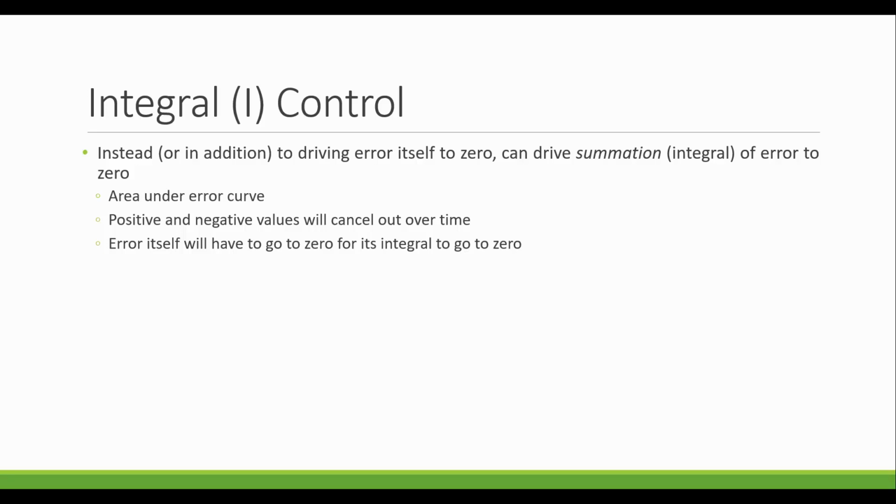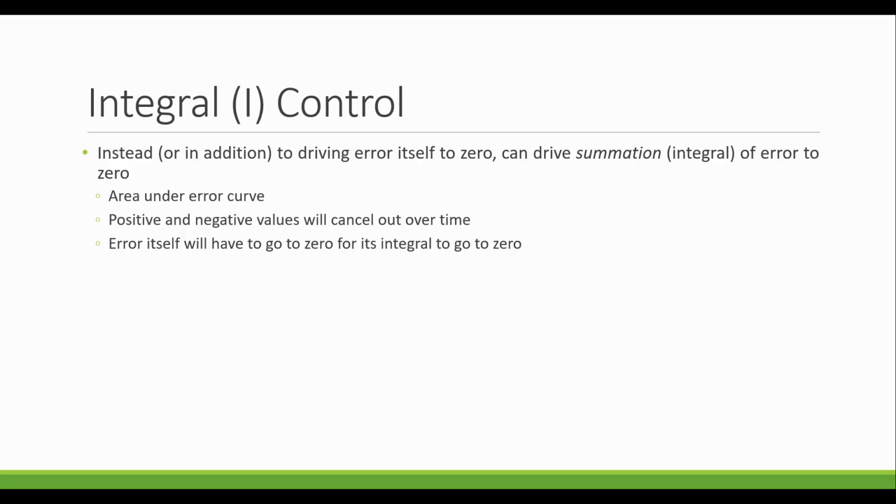So really what we're doing is finding the area under the error curve when we're using an integral controller. Again, sometimes we're going to be higher than the reference, sometimes we'll be lower. So these positive and negative areas over time potentially will cancel out and we'll be left with 0 once we've achieved our steady state value.